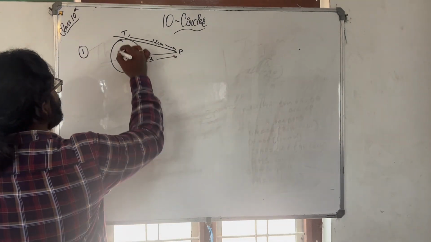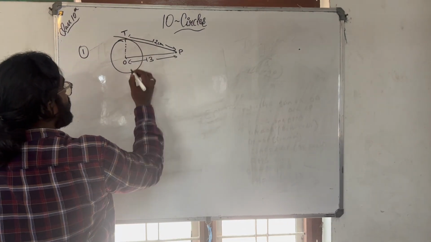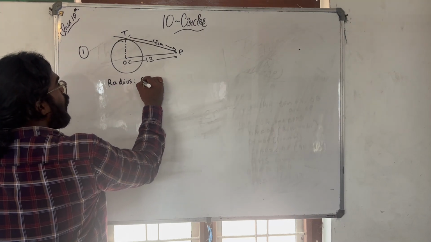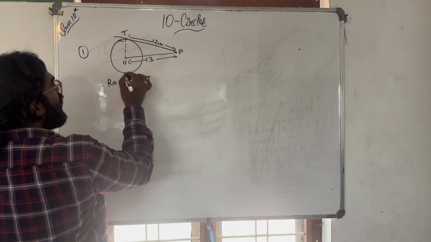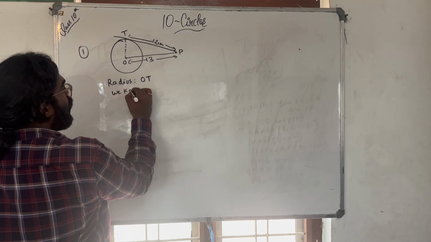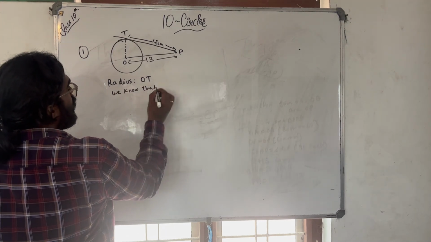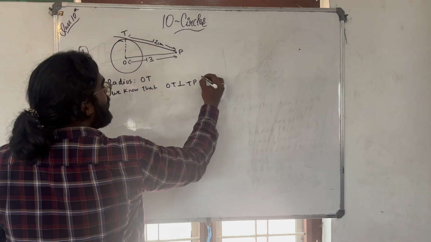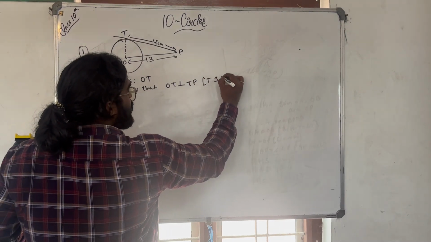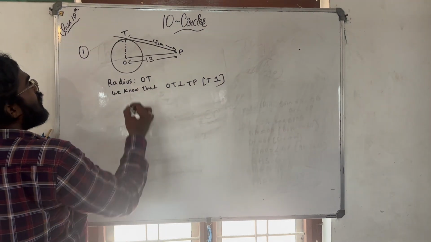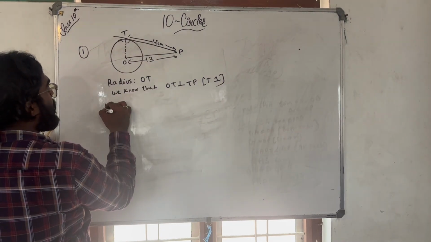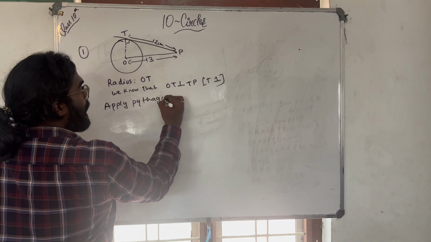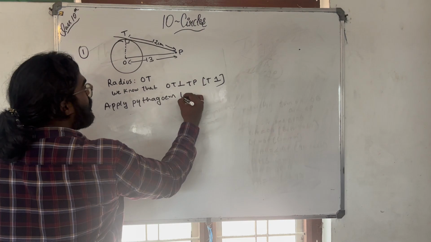They have asked to find the radius. तो radius क्या है आपका? OT है हमारा radius. So we know that OT is perpendicular to TP by theorem 1. ऐसा लिख रहा हूँ मैं theorem 1 को, right? तो ये 90 डिग्री है, तो apply Pythagorean theorem.